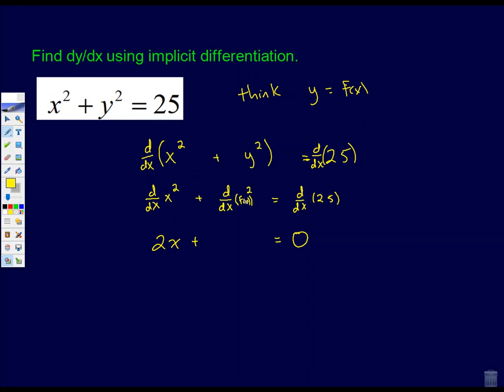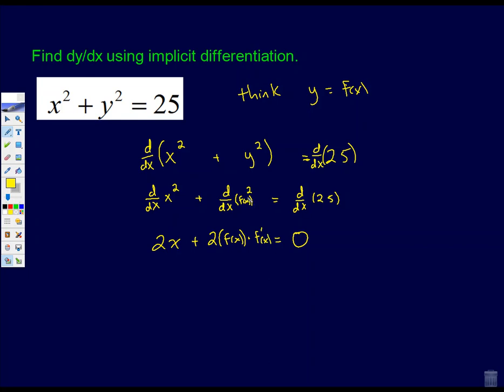Now this looks like we're going to use the chain rule, because you could think of u equals f of x. This is the derivative of u squared, and the derivative is the power rule / chain rule. The derivative is 2u, in other words, 2 f of x to the first power times the derivative of the function f of x.